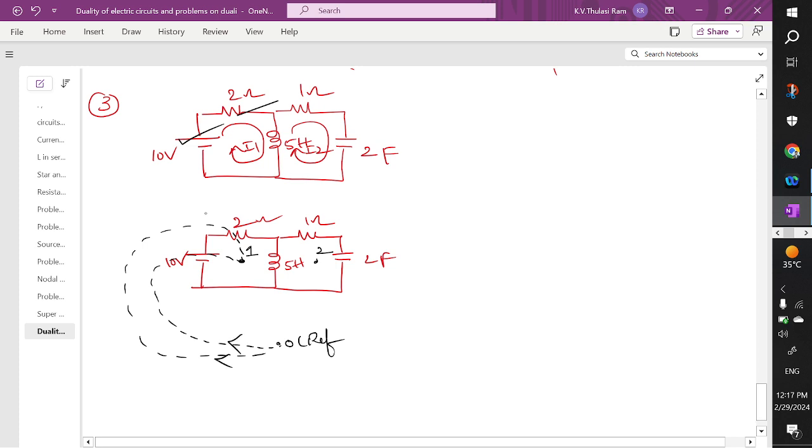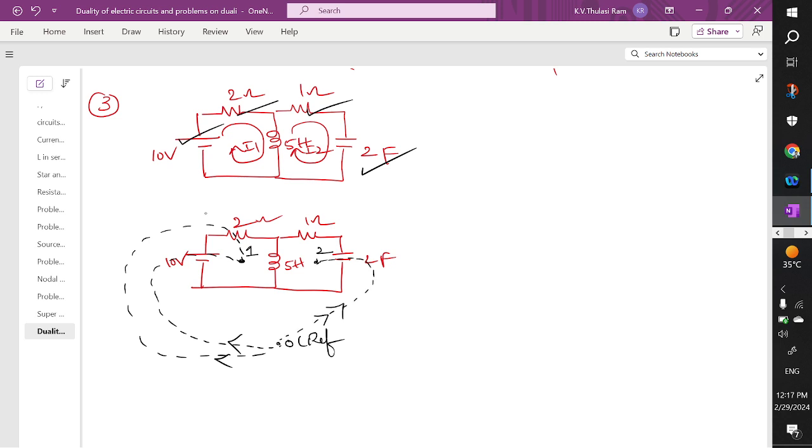Next, node 2: the current is touching the 1 ohm resistor and 2 farad. So to draw this second node, draw a dotted line touching the capacitor with respect to 0, and it is also touching the 2 ohm resistance. Here the current is traveling between 1 and 2. We are also having a touching point.